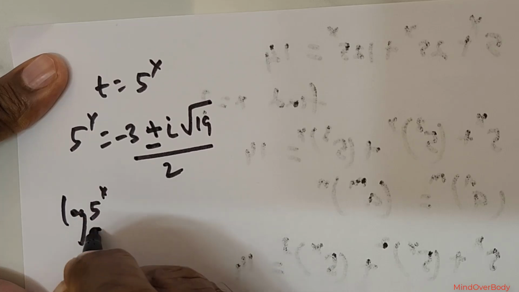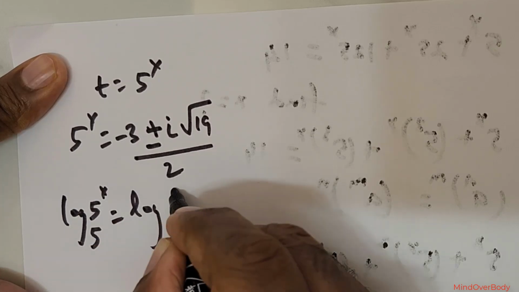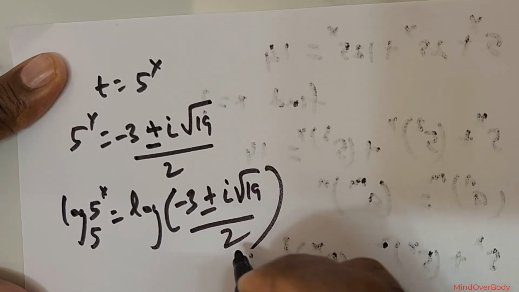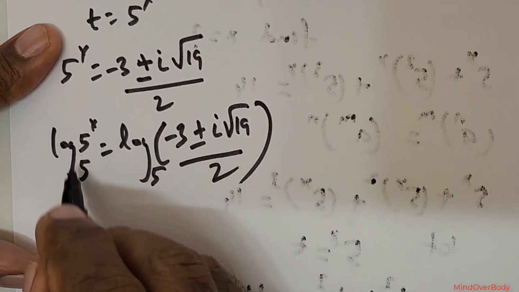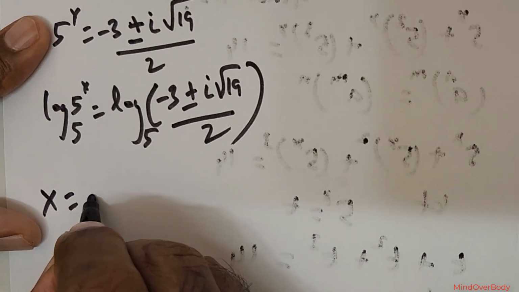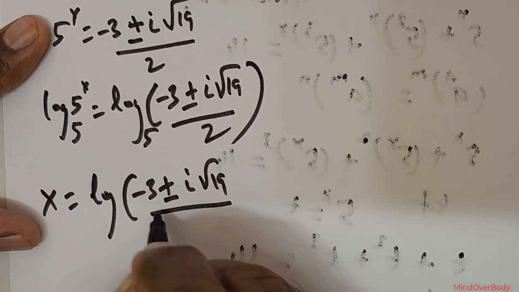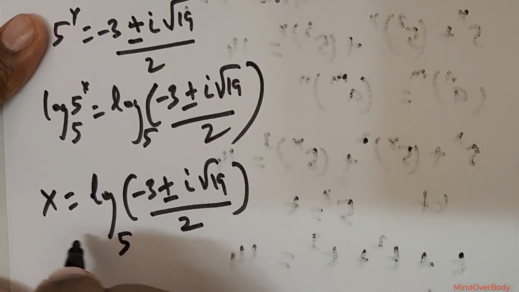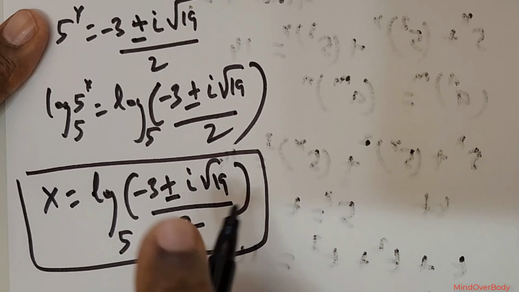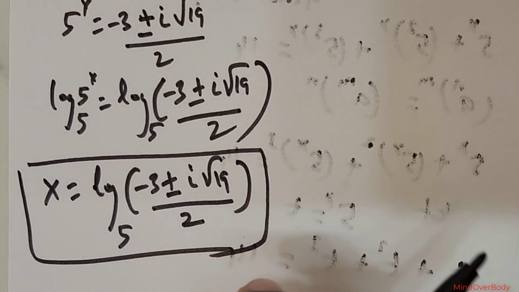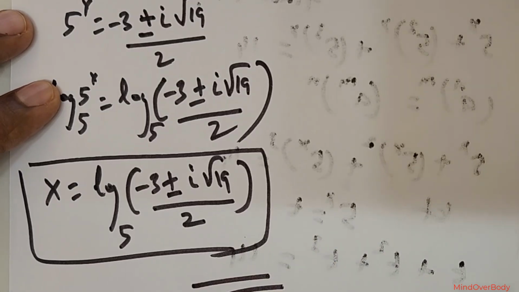So this is log_5 5^x = log_5 ((-3 ± i√19) / 2). Now this will give you x = log_5 ((-3 ± i√19) / 2). So this is giving us 2 complex roots, and in the previous case we got 1 real root. So that ends the solution for this question.